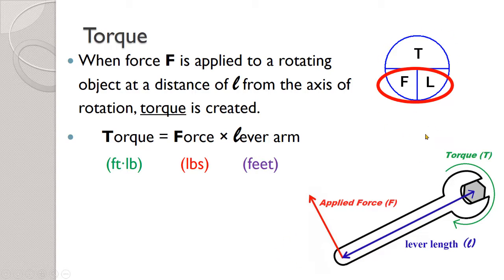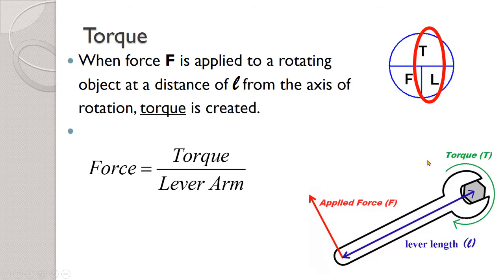But you can use this circle in two other ways as well. One other way is to say that if we're trying to find the force that we need to apply, we can cover up the F, and since T is over L, that means we would divide the torque that we're trying to create by the lever arm length that we have to twist with. So force can be found by taking T divided by L, or our torque divided by our lever arm.